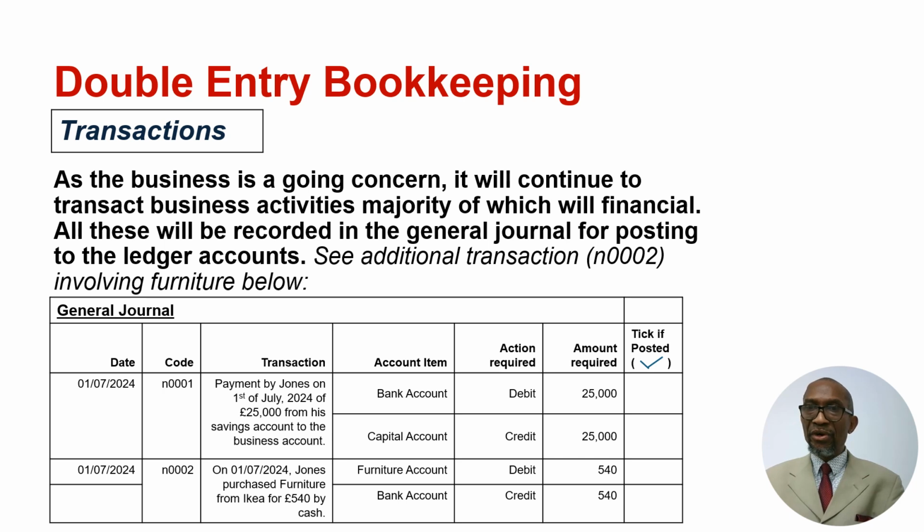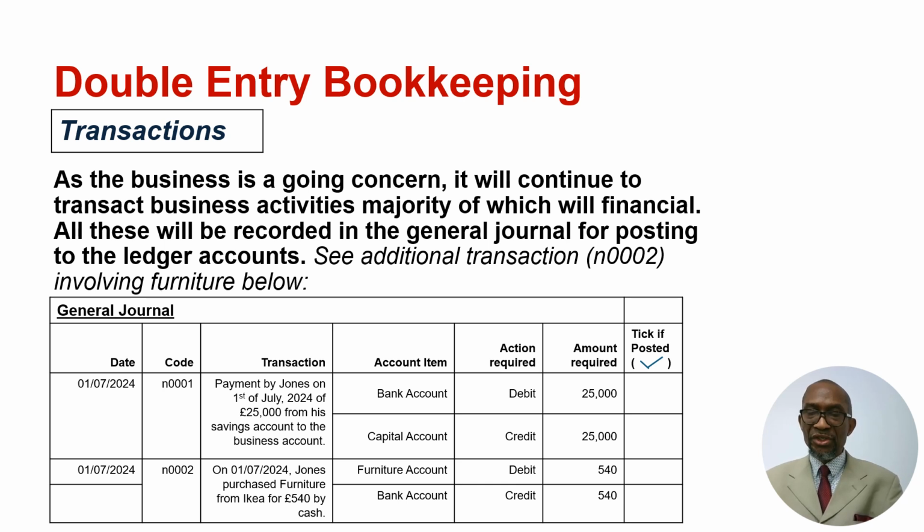As the business is a going concern, it will continue to transact business activity, the majority of which will be financial. All this will be recorded in the general journal for posting to the ledger account. See additional transaction N002 involving furniture below.